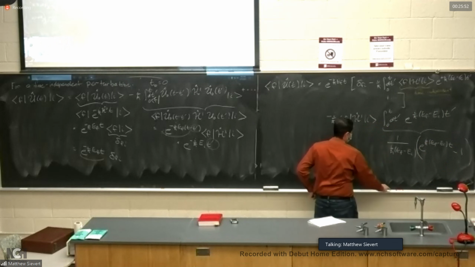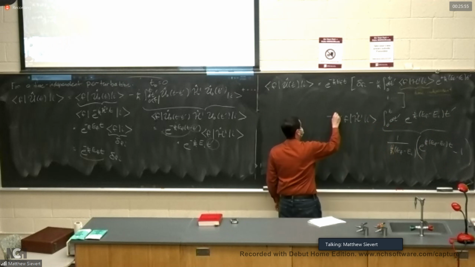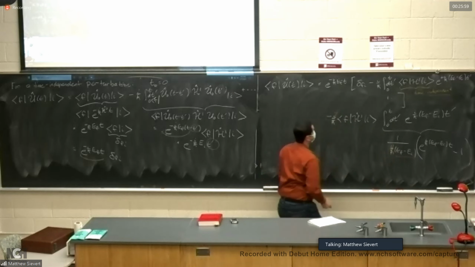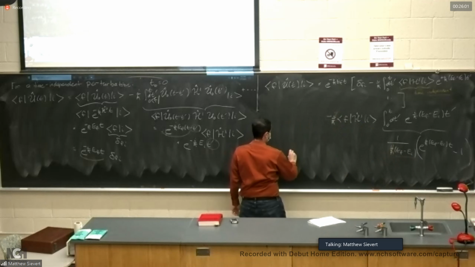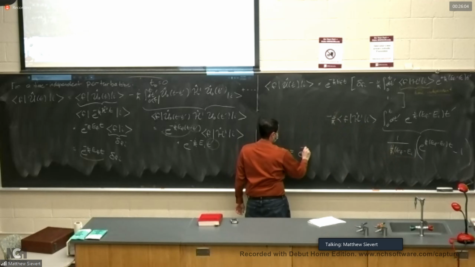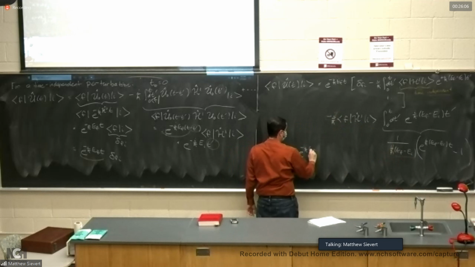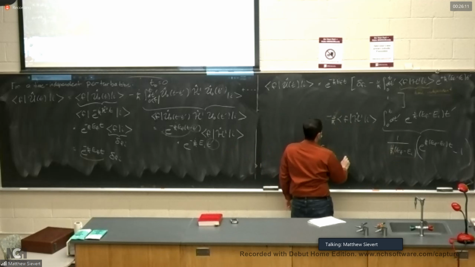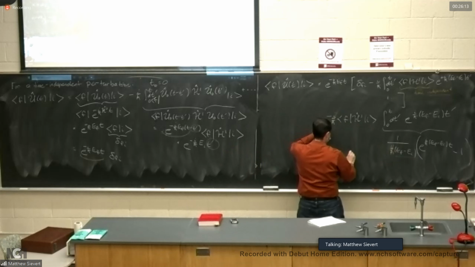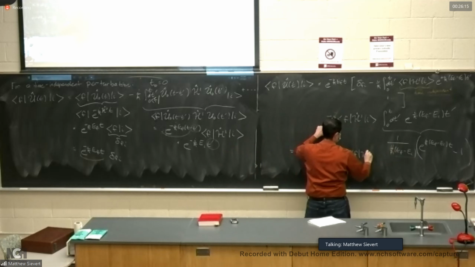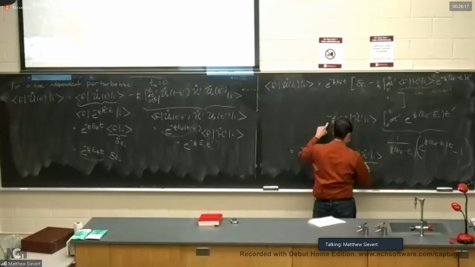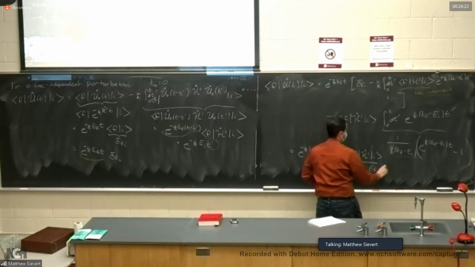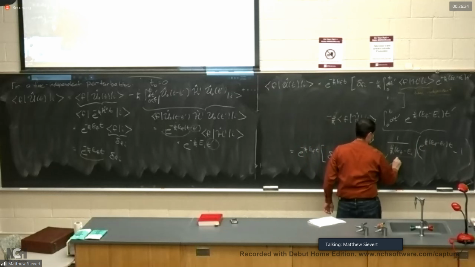And lo and behold, the i h bar here cancels the i h bar there. The minus sign flips the order of these factors, and I get something that looks familiar. I get e to the minus i over h bar, E final times time as an overall factor, Kronecker delta. I'm using up the minus, so this is now plus final perturbation initial over the energy that I have minus the energy that I want, times some phase factor.